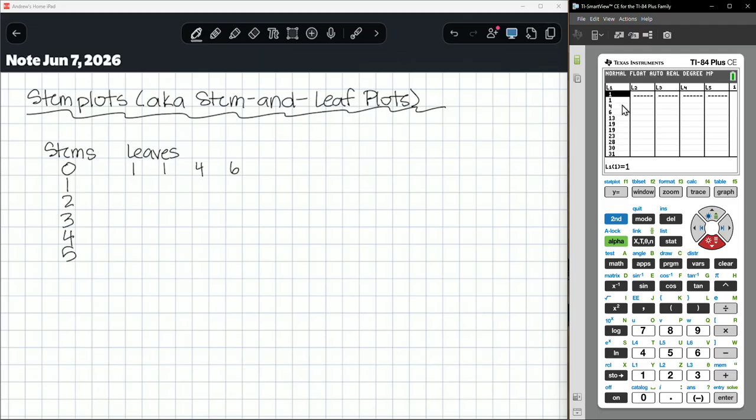So I'm going to continue with this list. For the tens stem, I've got a 3, 9, 9. For the 2s stem, I have a 3 and an 8. I've got to scroll down for my 3 stem.